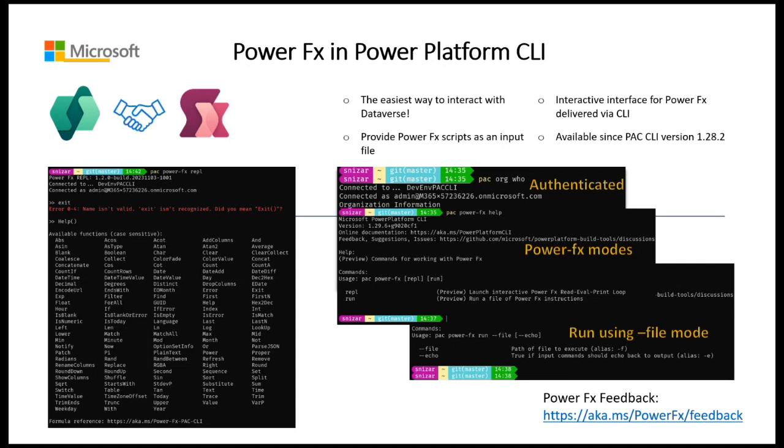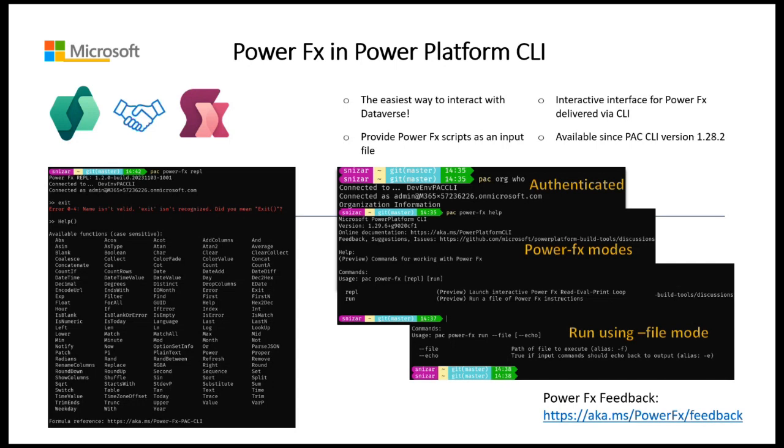Now, once you're in a REPL, when you type help, it is case sensitive, so you will type Help with a capital H and open and close parentheses. It'll list the formulas that you can use. Keep in mind, we are always adding more formulas into this list.